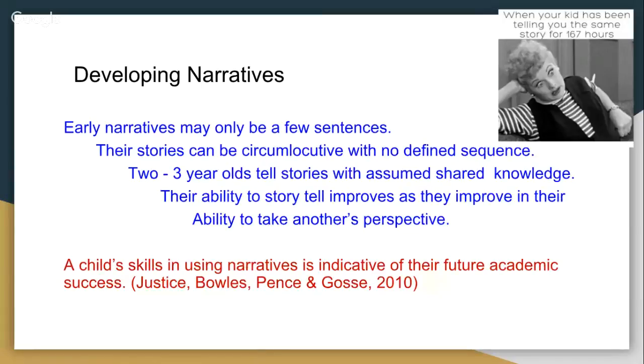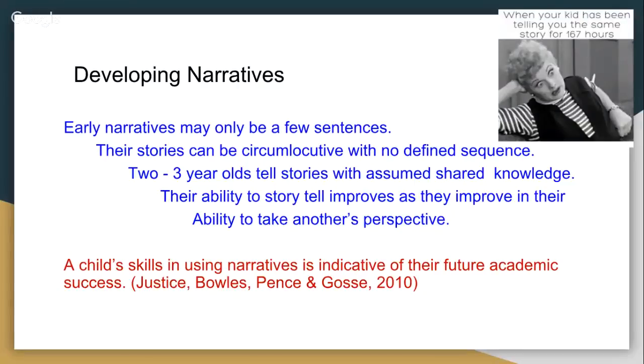When we hear stories from 2 to 3-year-olds, they have a lot of assumed shared knowledge. So while they are acquiring words such as pronouns, it, I, you, they, those words get embedded into the story such that the listener, if they haven't had the same experience as the child, may lose track of what's happening.